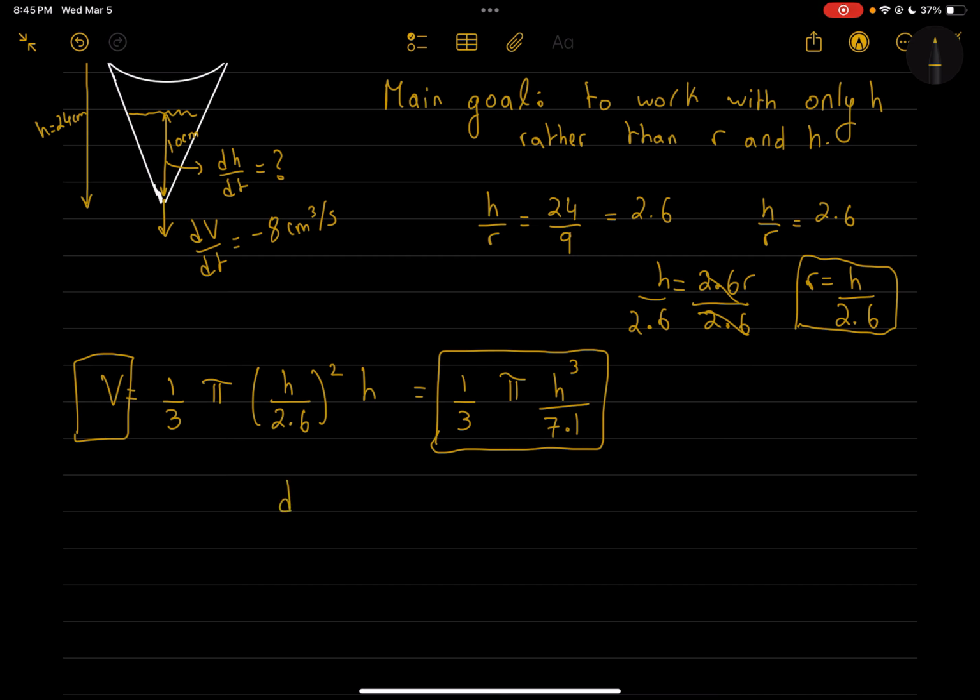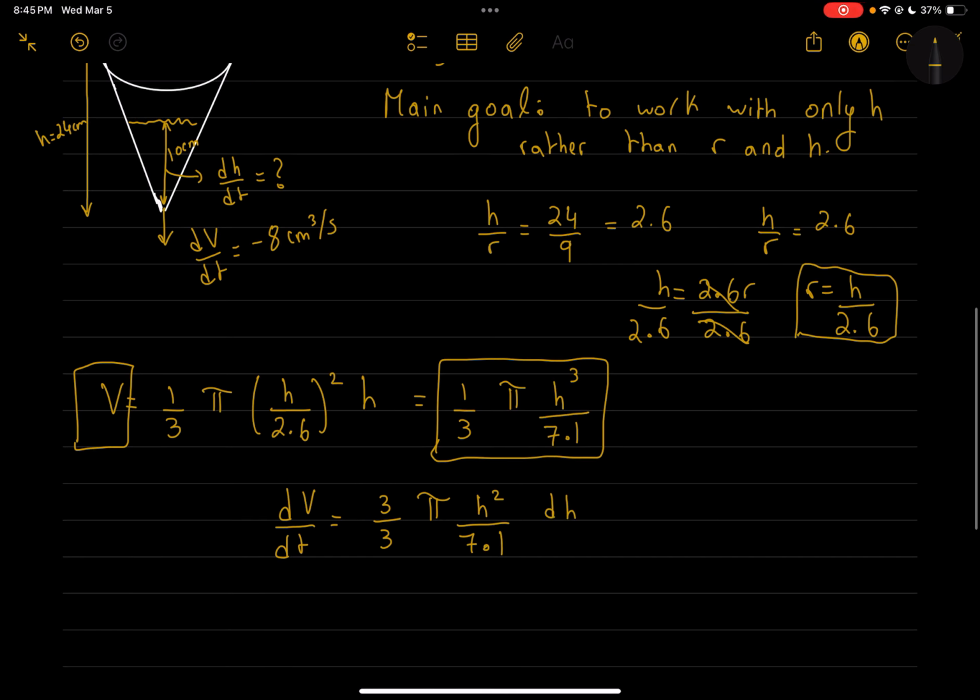So dV over dt is going to be, the 3 is going to jump down, so it's going to be 3 over 3 pi h squared over 7.1 multiplied by dh over dt.